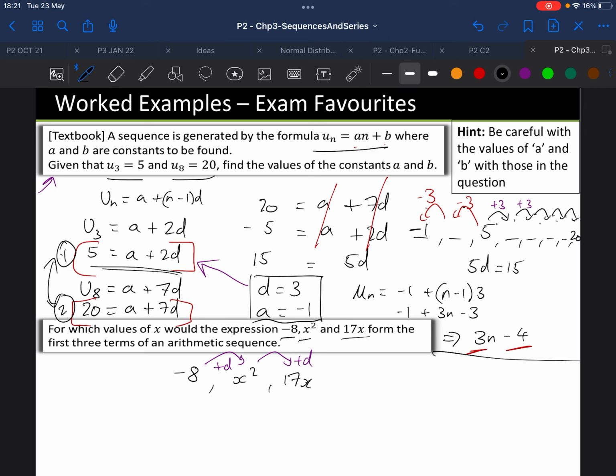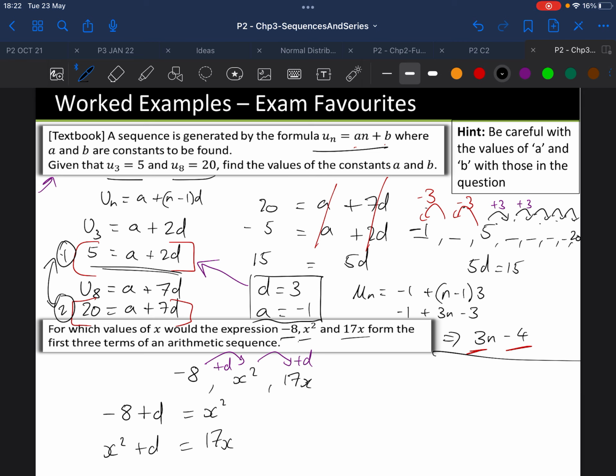So how can you describe this? Well, you could say that minus 8 plus d should be equal to x squared. And also, x squared plus d should be equal to 17x. So you've got simultaneous equations, essentially, that you need to solve.